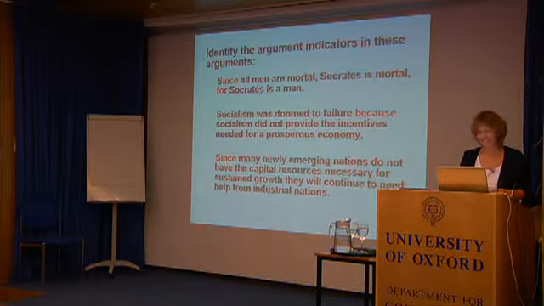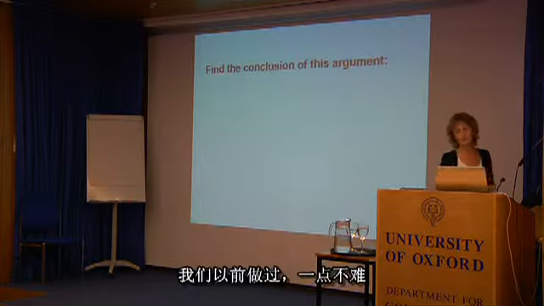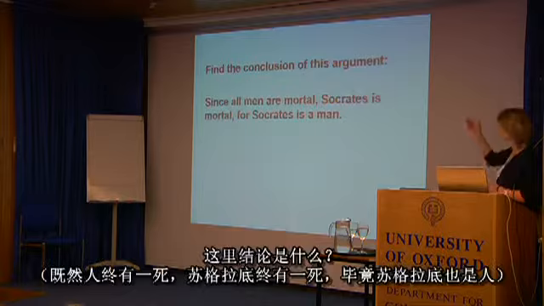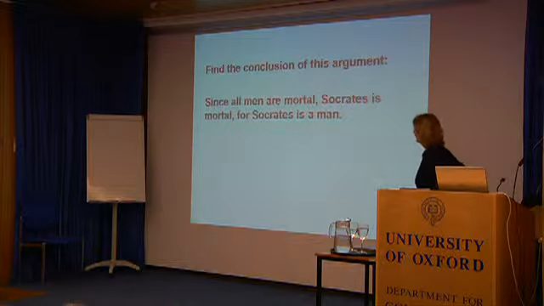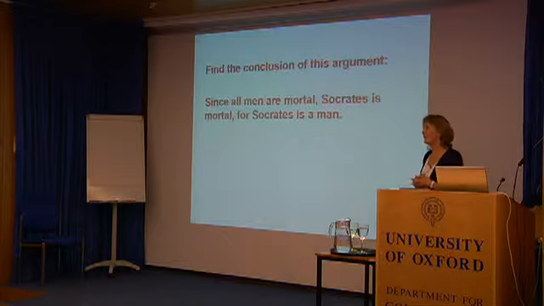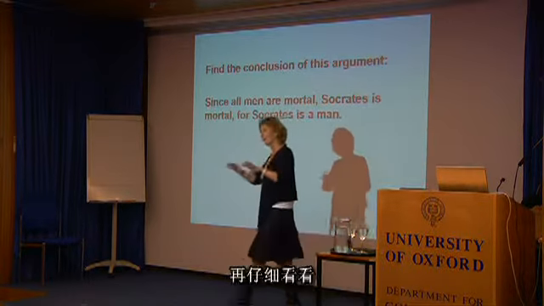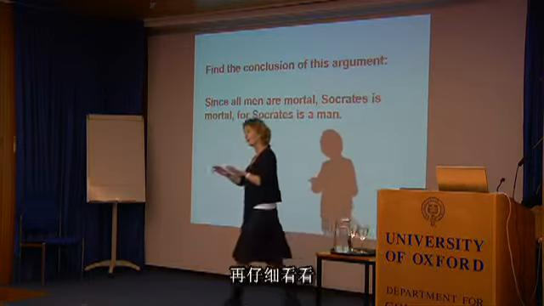Okay, now we're going to practice looking at conclusions. We've done this before, so this isn't difficult at all. What's the conclusion here? What is it? Don't yell out. Okay, have another look at the argument. Remind yourself what a conclusion is and tell me.